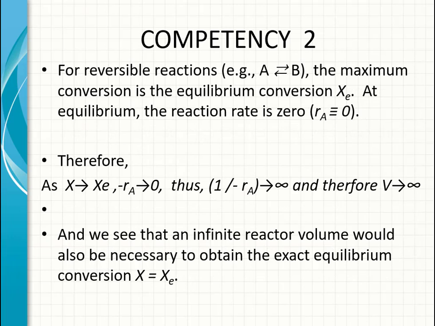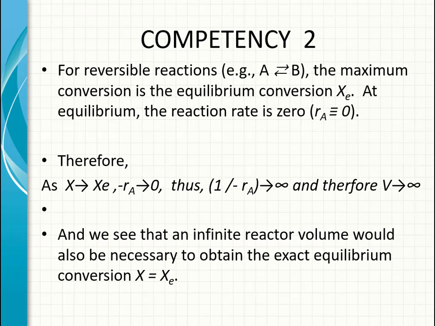For reversible reactions, for example A goes to B and B goes to A, the maximum conversion is the equilibrium conversion, Xe. At equilibrium, the reaction rate -Ra is equal to 0.